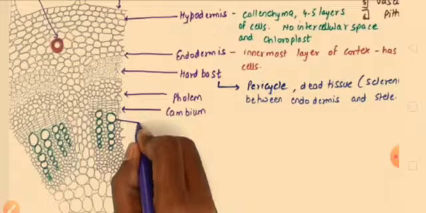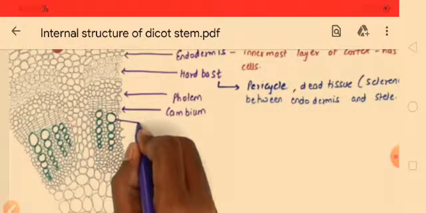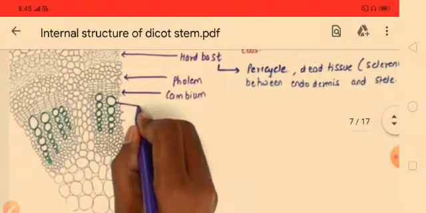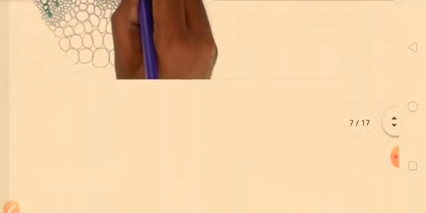In the open type, what you have to remember is the cambium is present between the phloem and the xylem vessels, and you can also note that they are in the same radii. On top of the xylem you can see the phloem. So it is a conjoint type of vascular bundle.